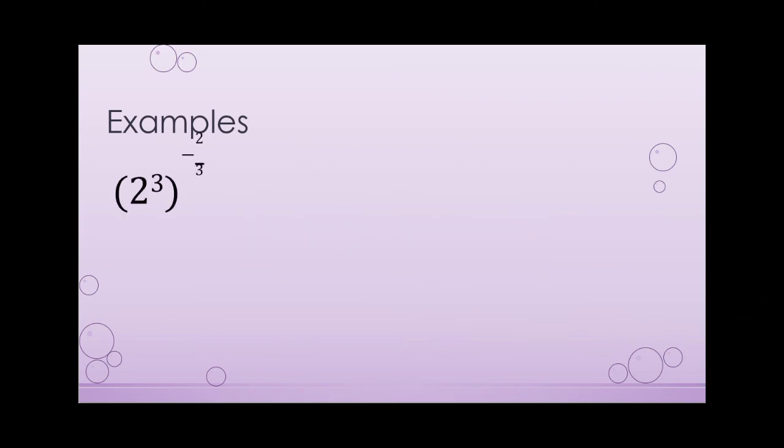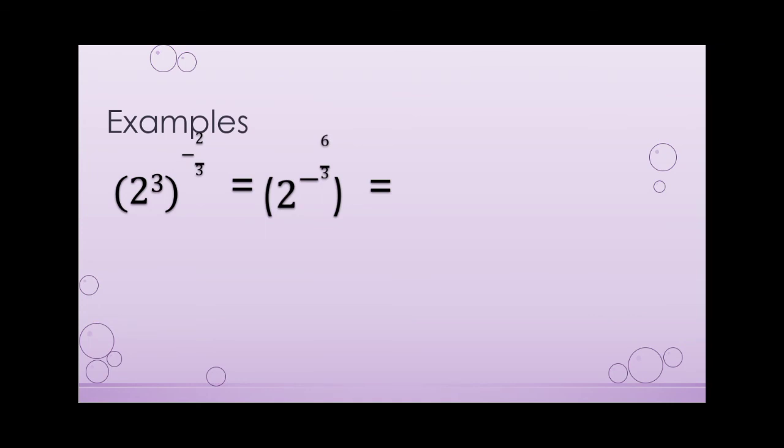Next example is 2 raised to 3 is raised to negative 2/3. If this is the given, the first thing we will do is multiply 3 by negative 2/3. So, when we multiply that, the exponent of 2 will be negative 6 over 3.